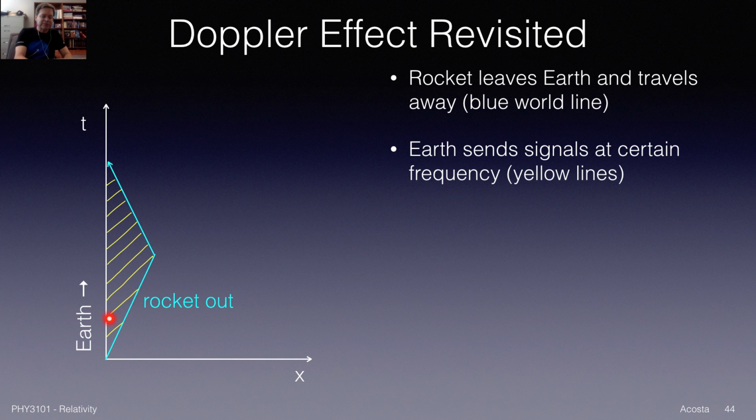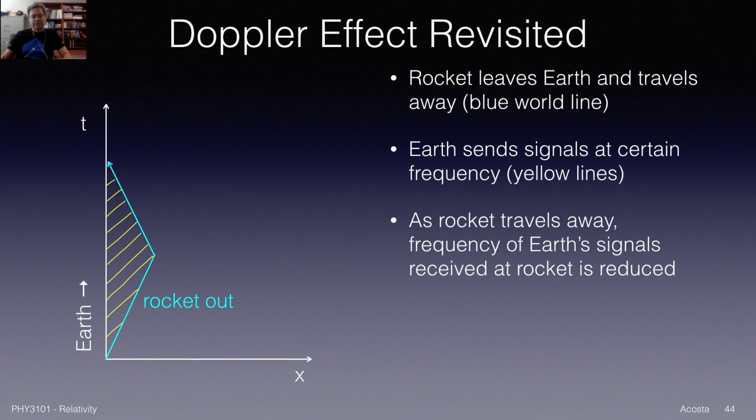So since they are less steep than the blue lines for the rocket that's going less than the speed of light, they will intercept the rocket's trajectory. But as we can notice, as the rocket travels away, the frequency of Earth signals received at the rocket is reduced.